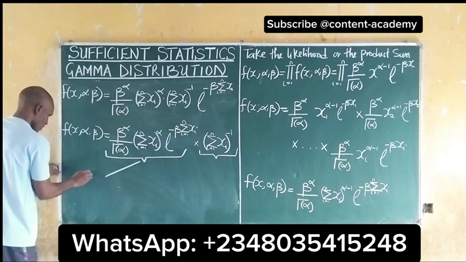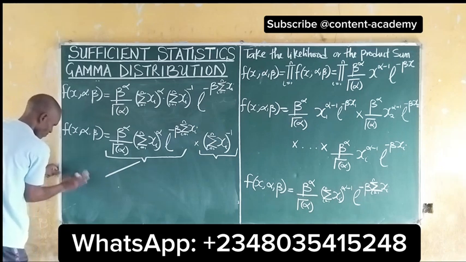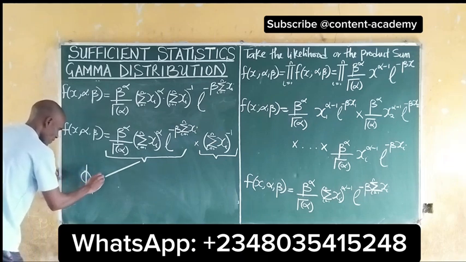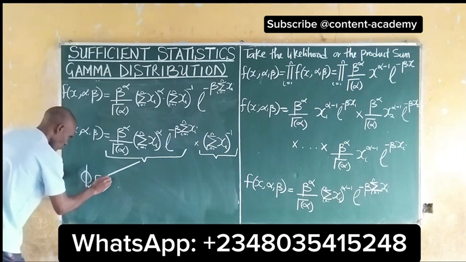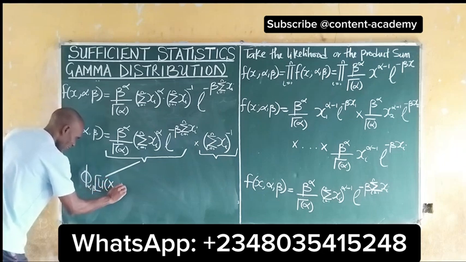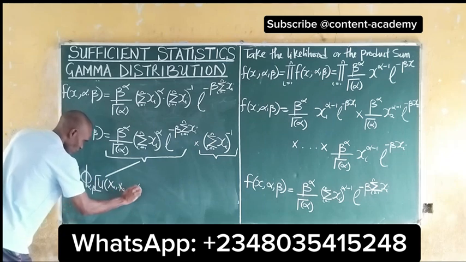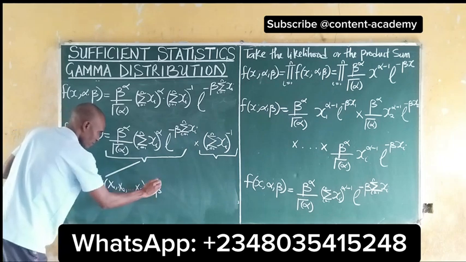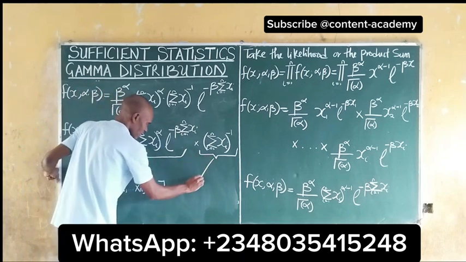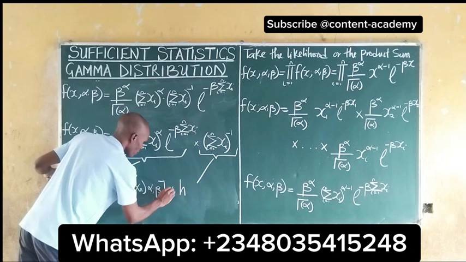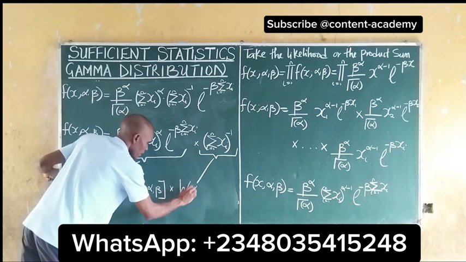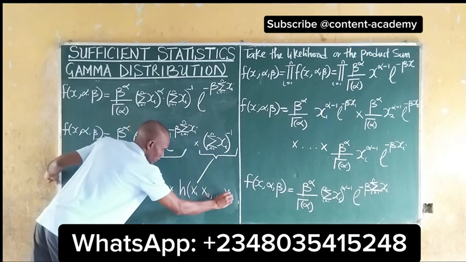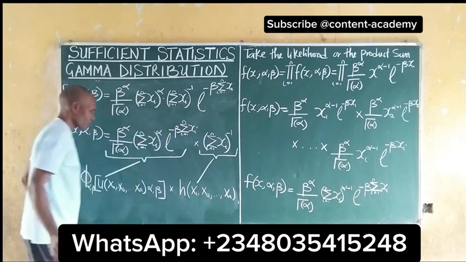It then means that this will now be g of alpha beta, one of our components, which is a function of the statistic and alpha and beta, and this will be another component, h of x1, x2 to xn, as we have written before.